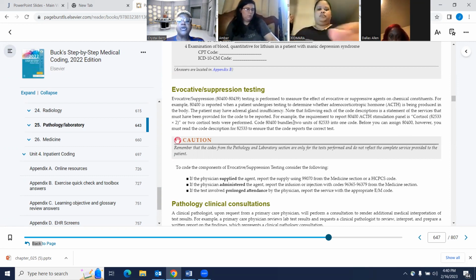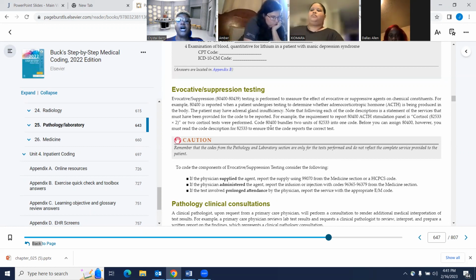For example, the requirement to report 80400, ACTH stimulation panel, is cortisol, 82533 times 2, or 2 cortisol tests were performed. Code 80400 bundles 2 units of 82533 into one code.